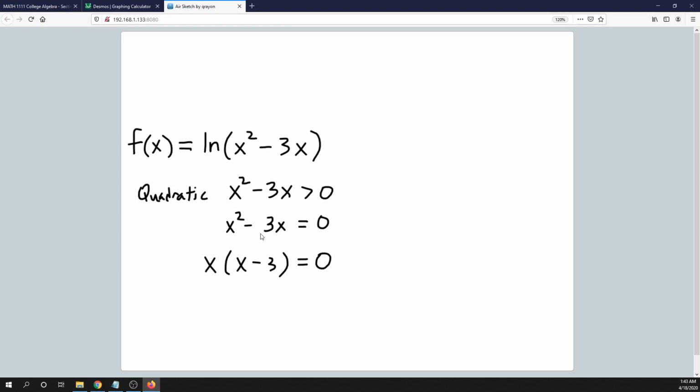So looking at x squared and 3x, they have a common factor of x, pull it out, and I'm left with x times x minus 3 equals 0. Well, if I multiply x and x minus 3 and I'm getting 0, that means that either x is 0 or x minus 3 is 0. And then I would solve each of those.